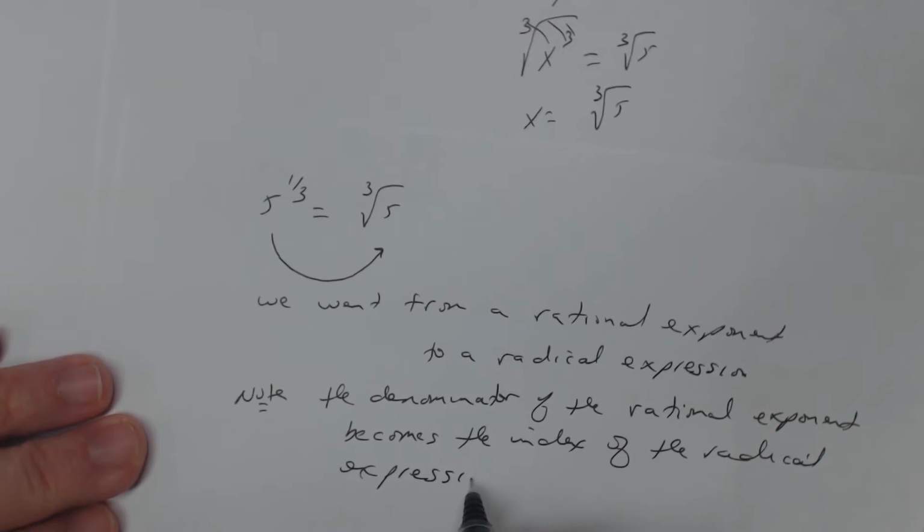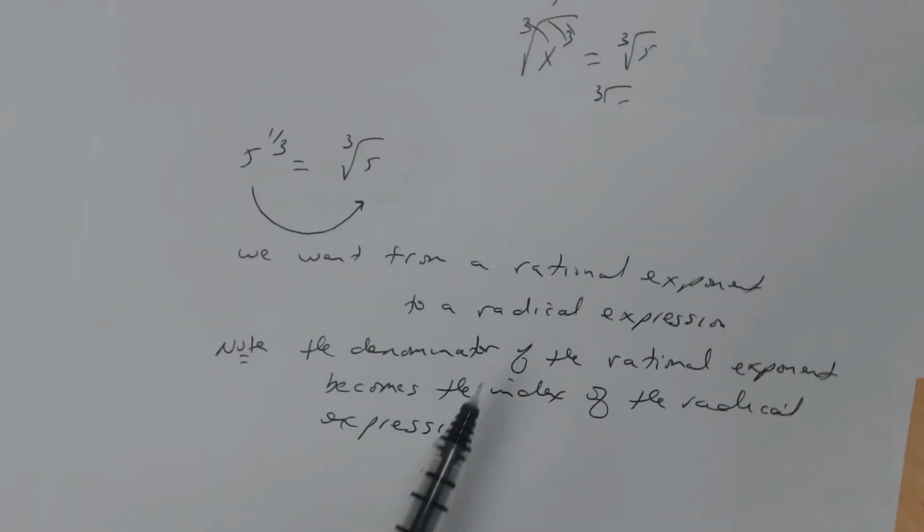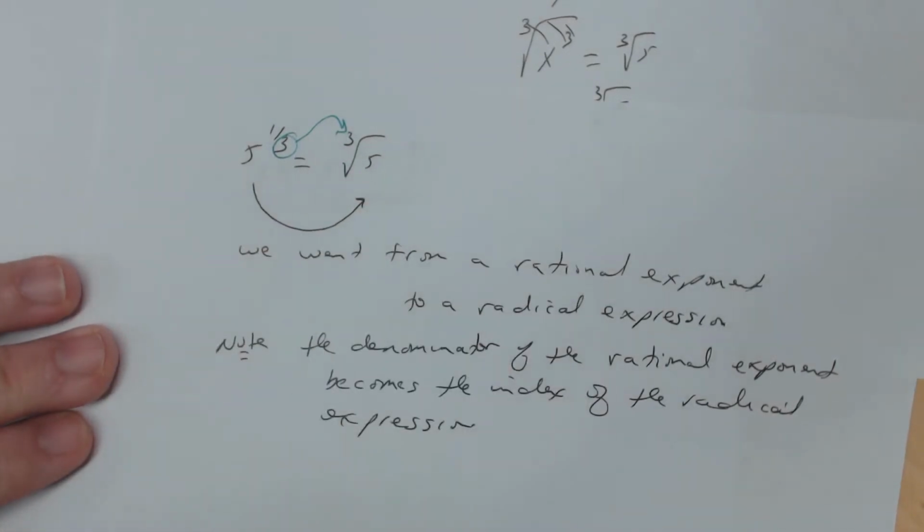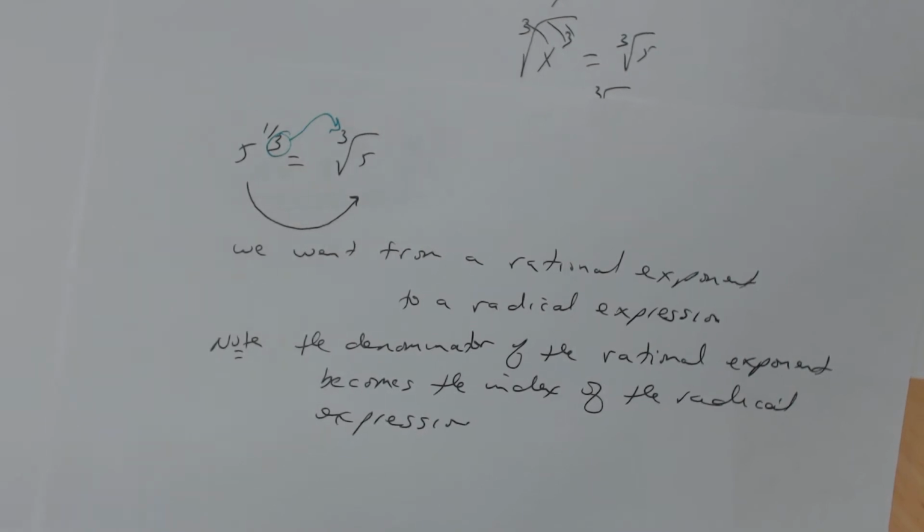Okay? So the denominator of your rational exponent becomes the index of your radical expression.